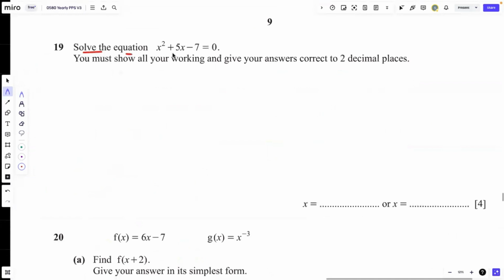We're supposed to solve the equation, so we have a quadratic equation here. You must show all your working and give your answers correct to two decimal places. So now there are multiple ways you can factorize or solve a quadratic, but how do you know which one to use here is the real question.